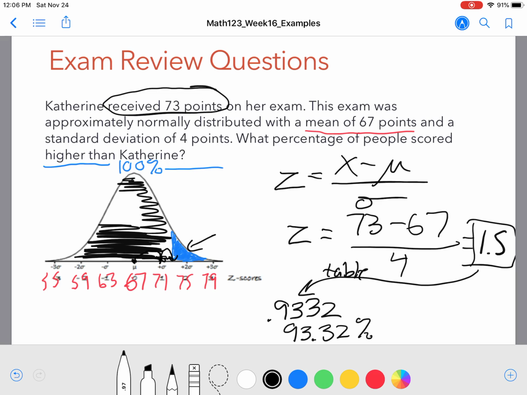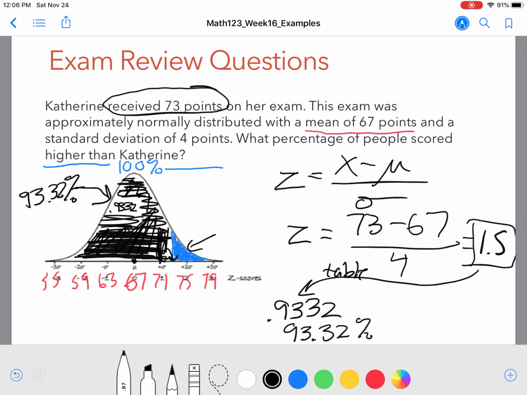All right, so this is 0.9332, this whole section. So anytime you look your value up on the table, you're actually finding this right here, 93.32%. That's always how it works. Whenever you look something up, you're always finding the value to the left.